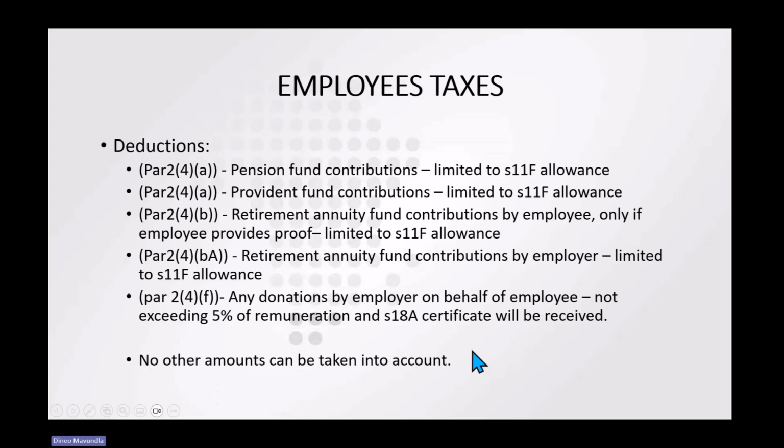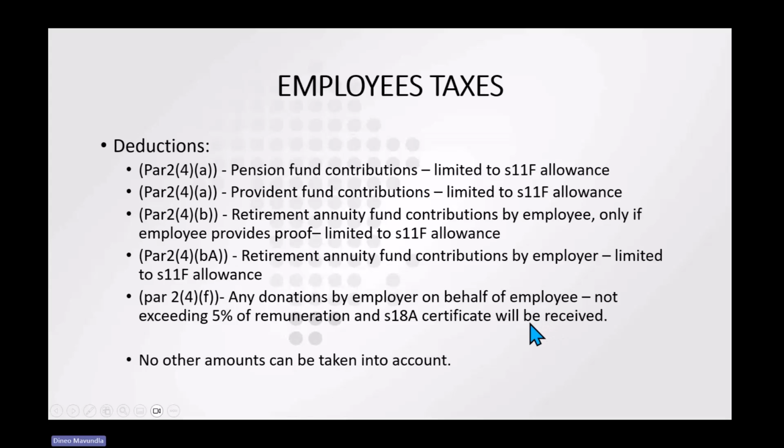No other amounts can be taken into account. You cannot claim anything else. If you do not see pension fund contributions, provident fund contributions, retirement annuity fund contributions, or donations that are made by the employer on behalf of the employee, don't even entertain it. Move on with your life. It's not going to be allowed as a deduction.